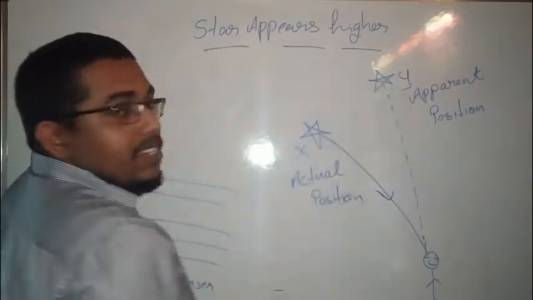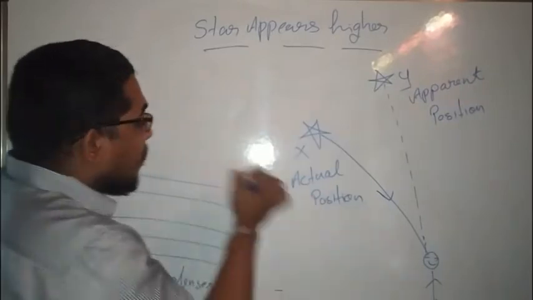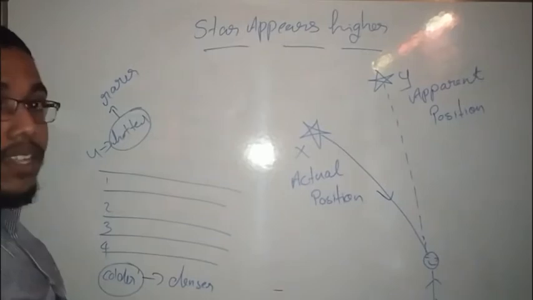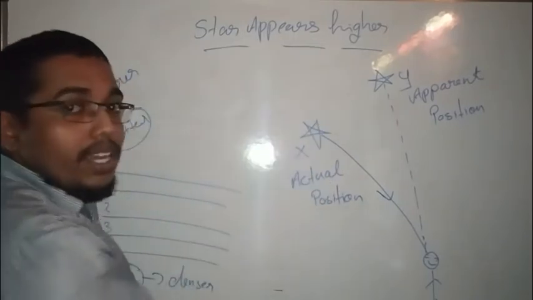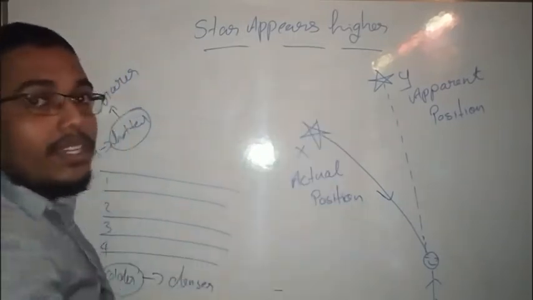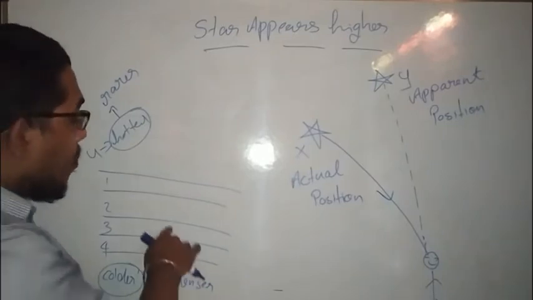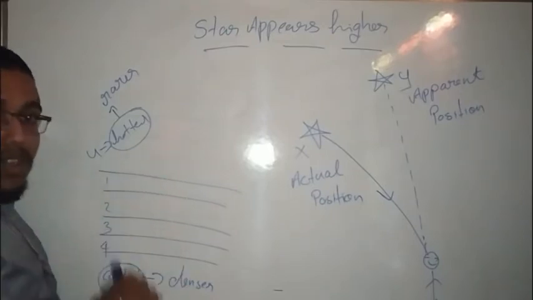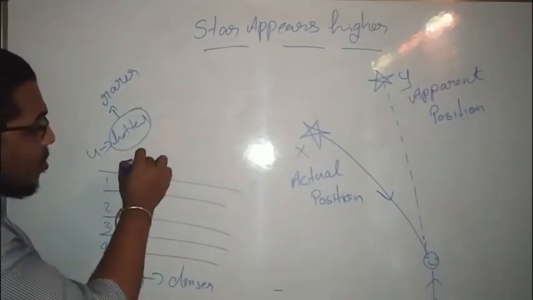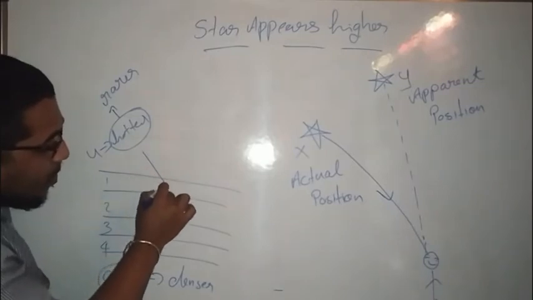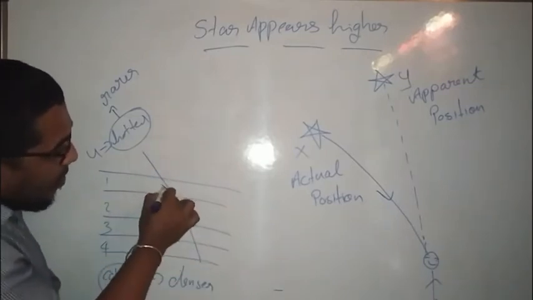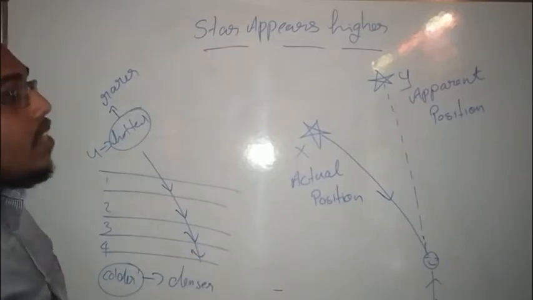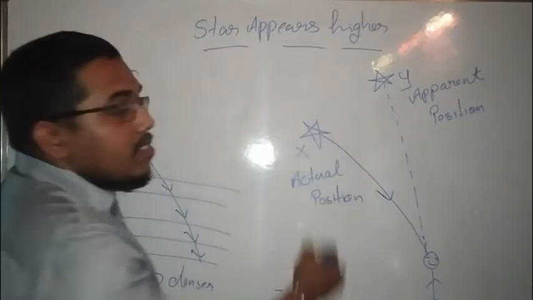The starlight travels continuously through atmospheric layers of different optical density. Whenever light passes through different media, refraction of light takes place. The same process is happening here.